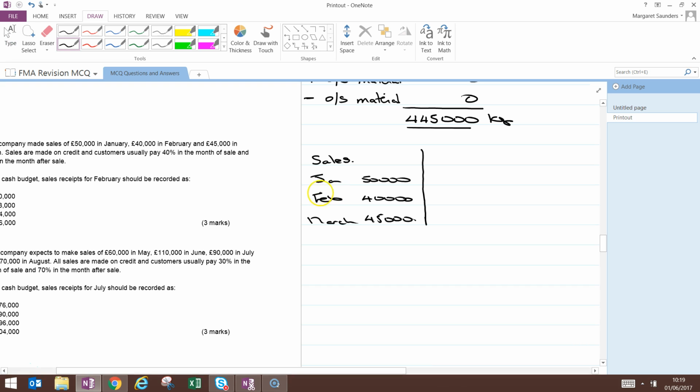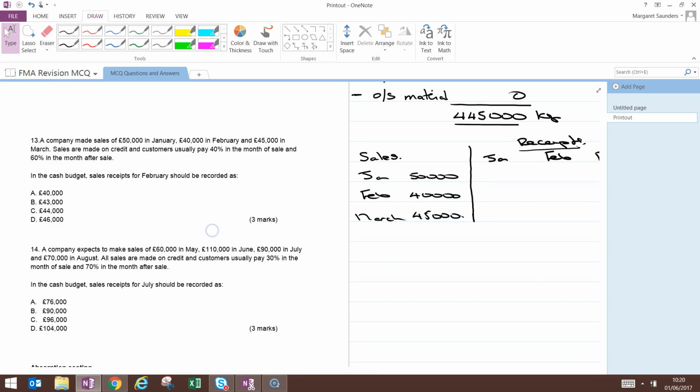Then we put these same months across the top. So we've got January, February, March. And what we're going to work out here is when we receive the money from these sales. So this is our receipts. So the payment terms: customers pay 40% in the month of sale, 60% in the month after.